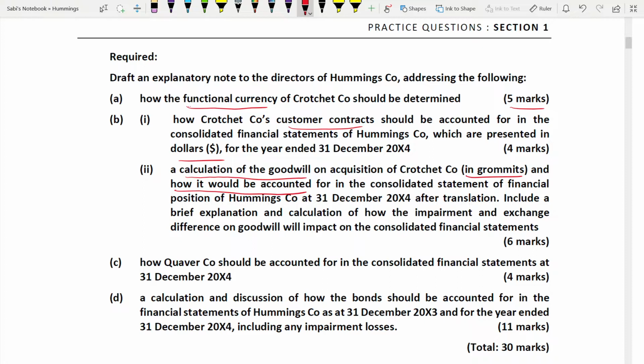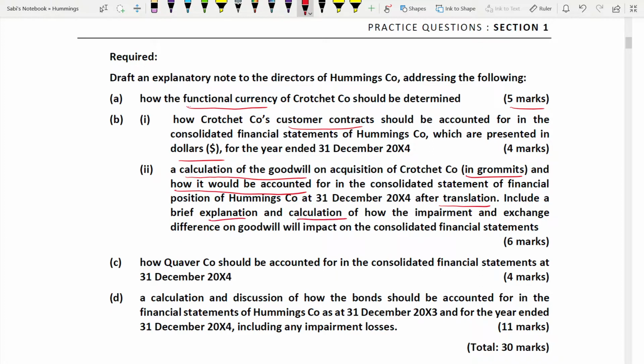So this sets a tone that this is how your questions will be like in section A, especially related to consolidated financial statements. At 31st December 2004, after you have translated, you have to calculate goodwill and how it will be accounted for. Include a brief explanation and calculation.